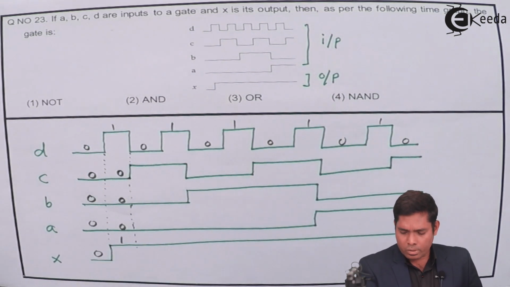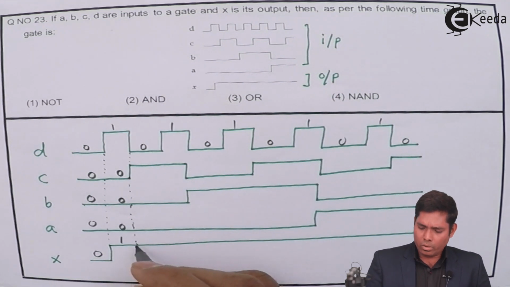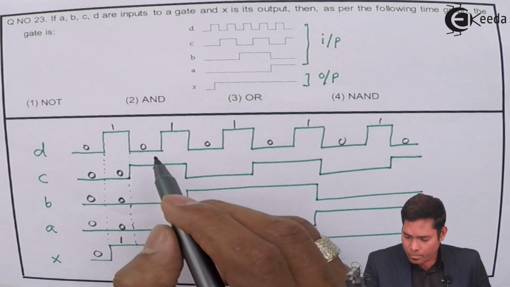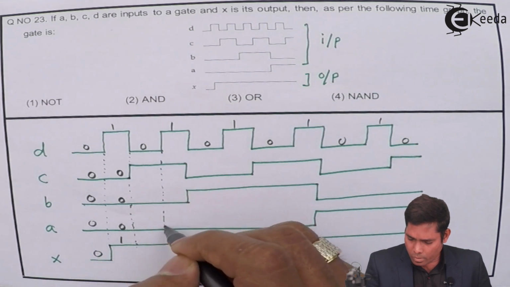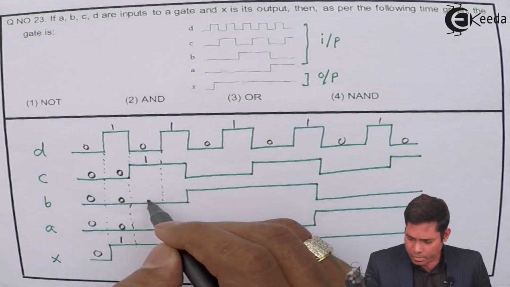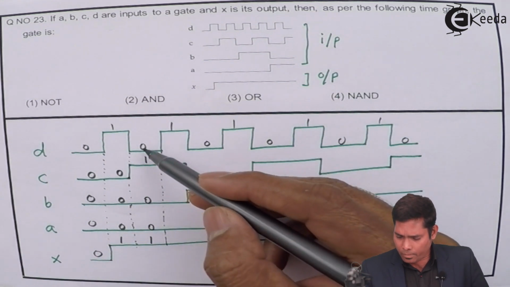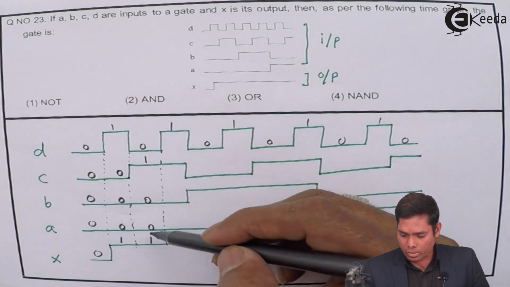So it seems like an OR gate, because if any one is a higher value, the output is a higher value, and if all of them are 0, the output is the lower value. You can see here that out of these 4 inputs, 1 input is higher, so the result is higher.